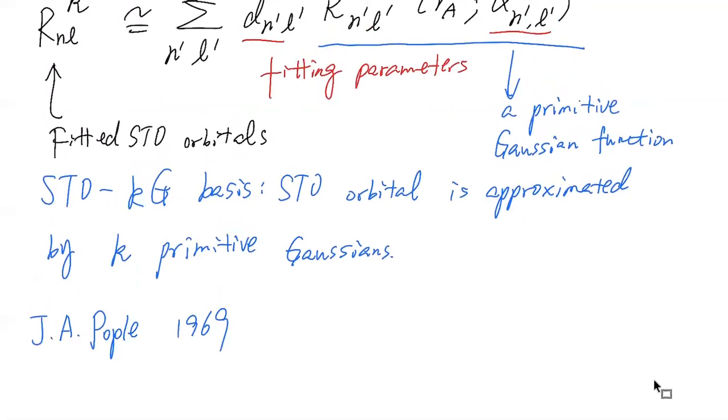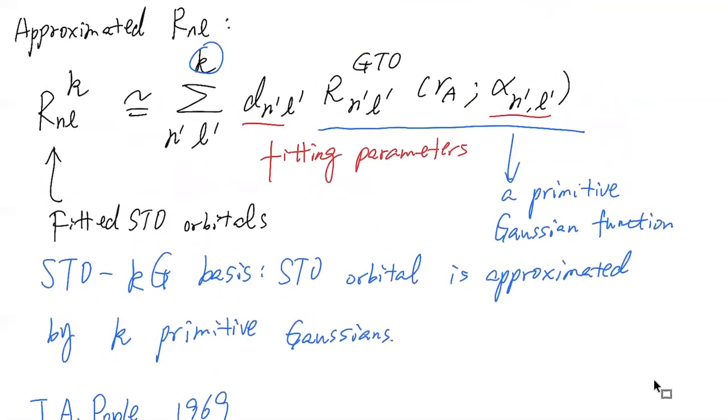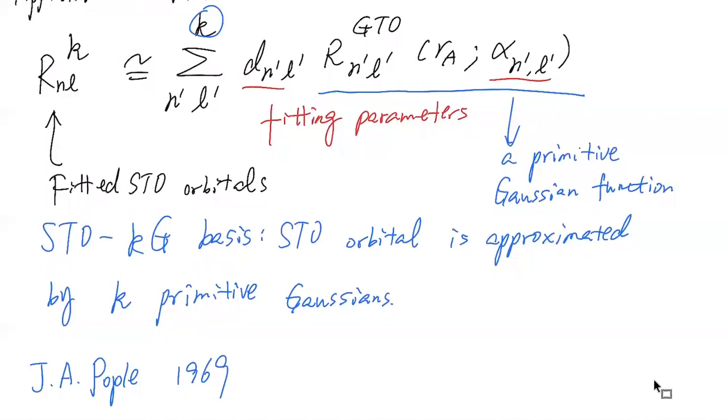But at that time, the first effort was to try to approximate STO, which was already known in the 1950s, by using a linear combination of K Gaussian functions. Okay, but STO-KG is rarely used in modern molecular quantum mechanical calculations, because in order to get very high quality, you need to use a very large number of K. This is not very practical.